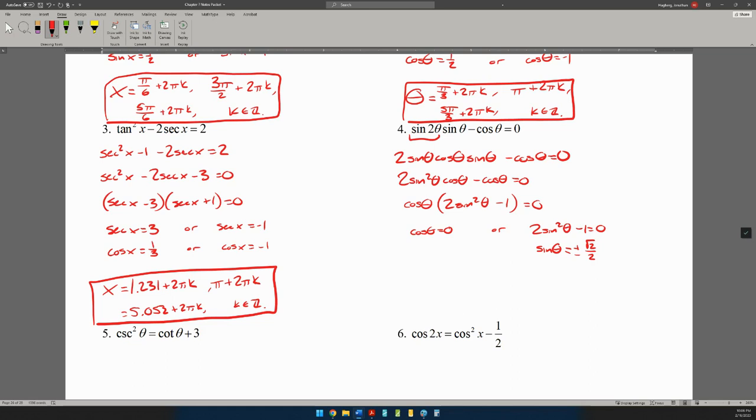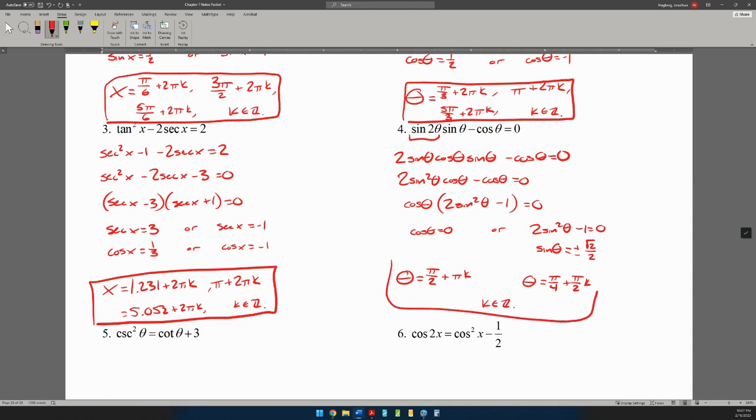Okay? So answers here, where cosine is equal to 0, well, we would have pi halves and 3 pi halves, or pi halves plus pi k. And then for the other equation, where is sine equal to plus or minus root 2 over 2, we have pi fourths plus pi halves k, where k is an integer.